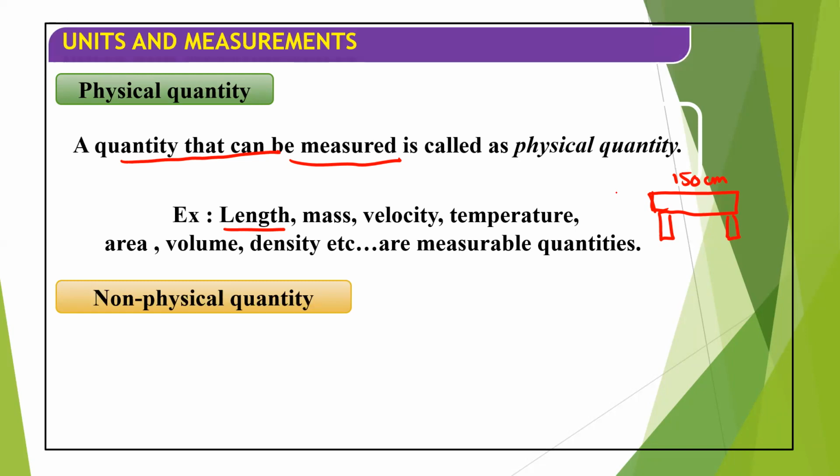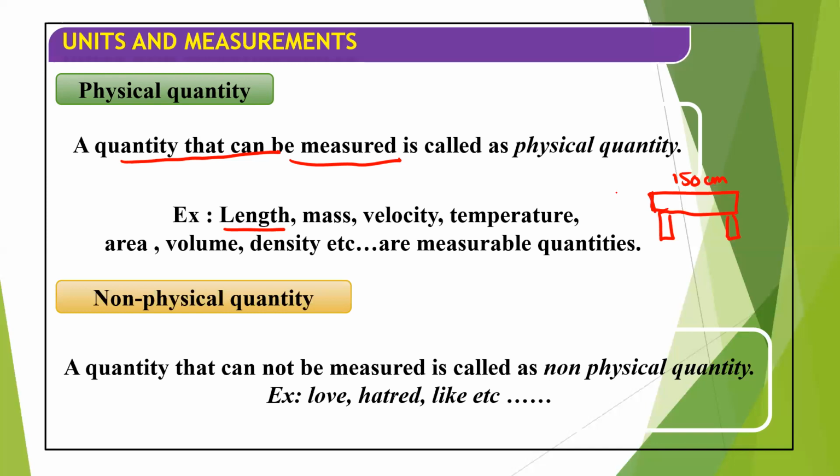Non-physical quantity. My dear students, if you use your common sense, it's all about the game of common sense. Can I say that a non-physical quantity is a quantity that cannot be measured? Am I right? So a quantity that cannot be measured is called a non-physical quantity. Can you measure love?